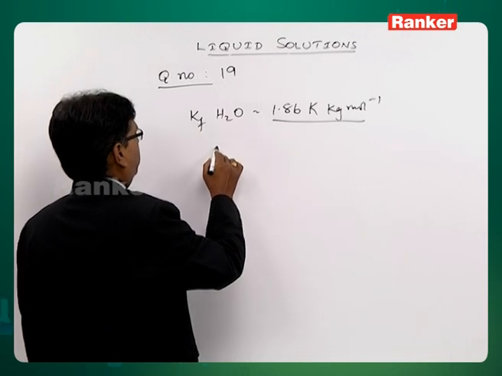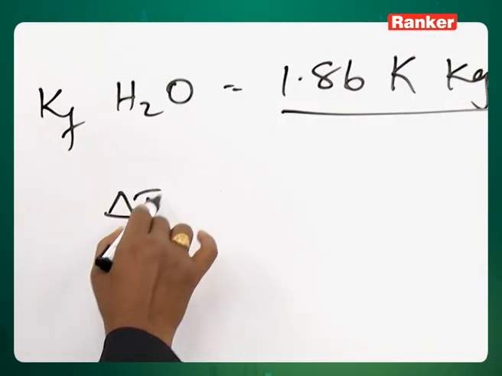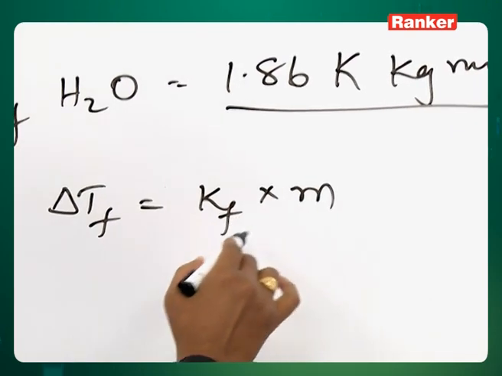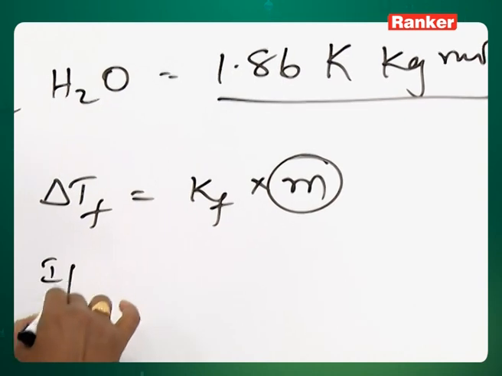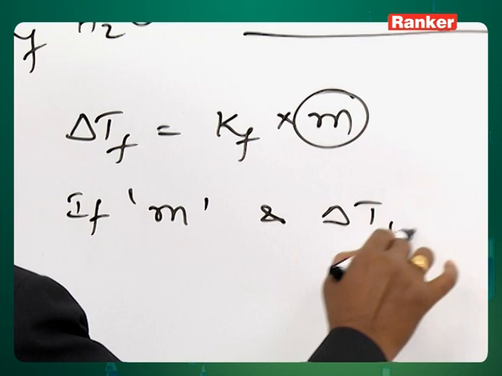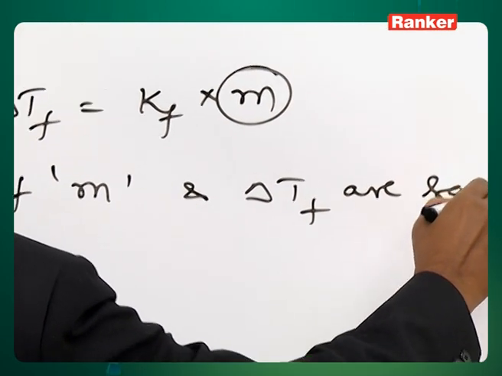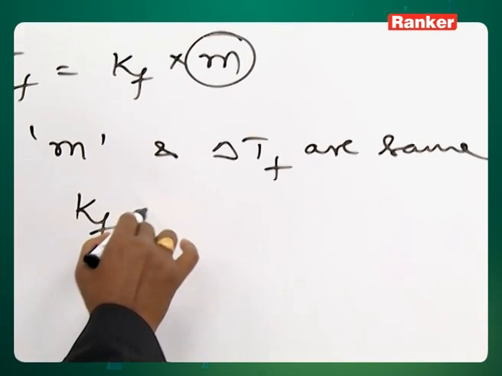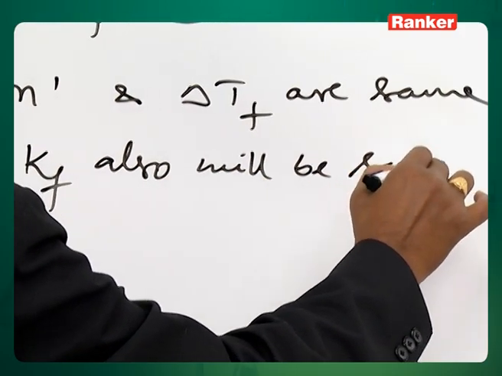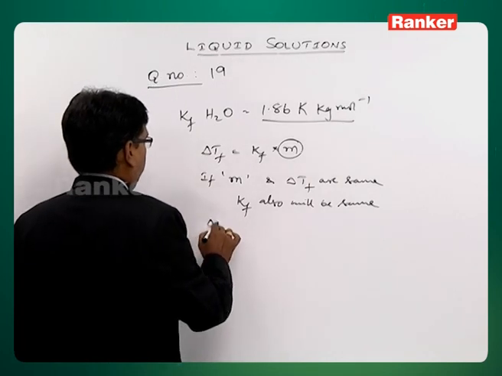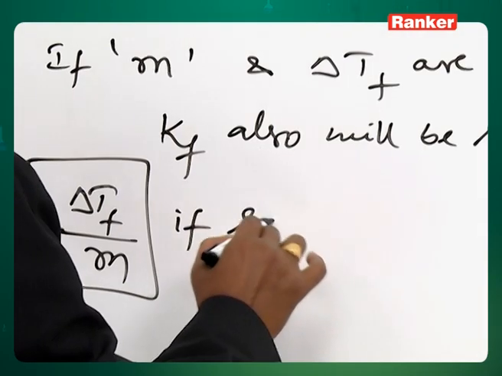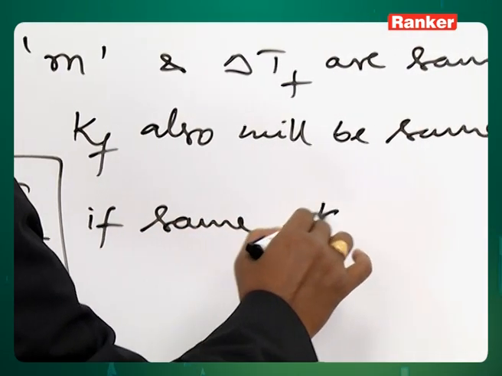For NaCl solution or glucose solution, for any solution, delta Tf is equal to Kf into molality. So, whatever the solution you take, if molality and delta Tf are same, then Kf also will be same, or in other words, if delta Tf by molality is same, Kf will be same.